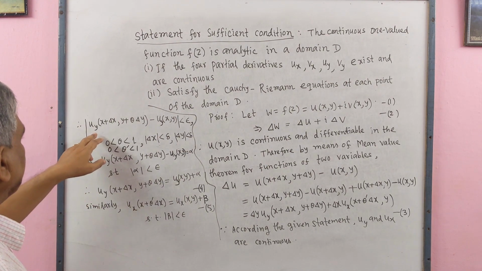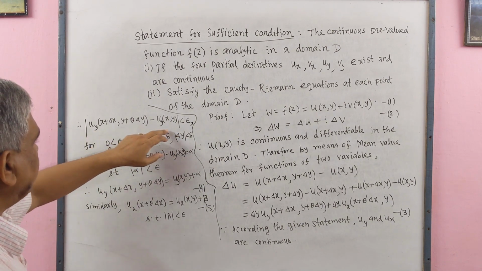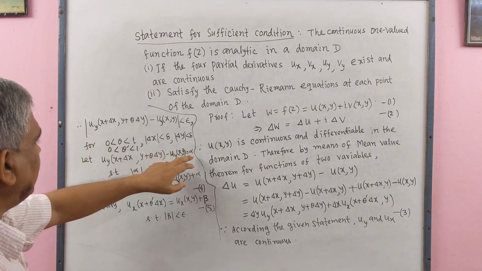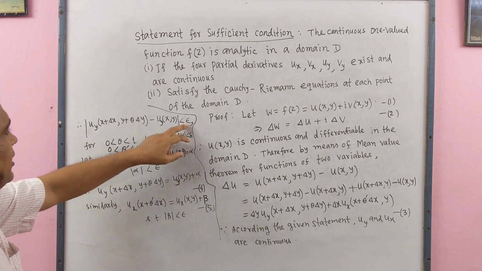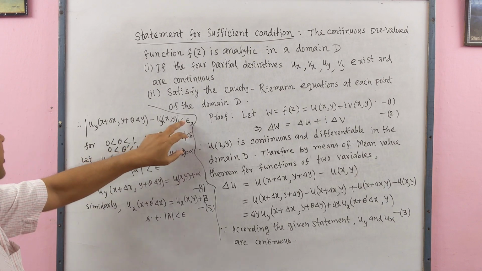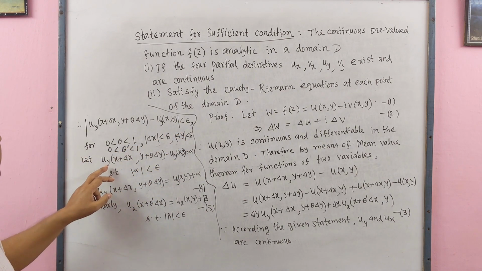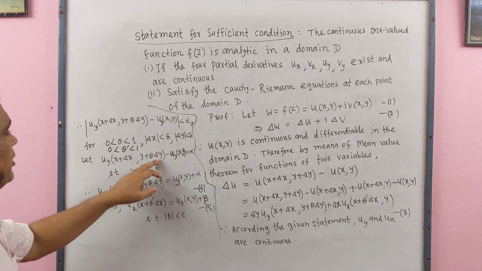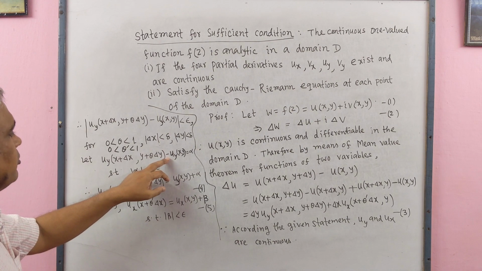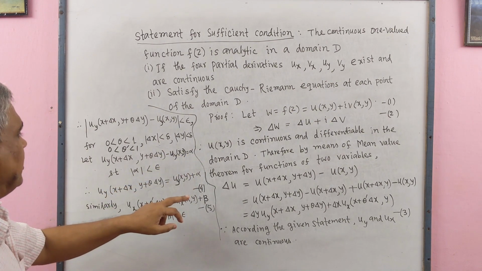Now we take this quantity under modulus as alpha, where modulus of alpha is less than epsilon. Therefore, we may write uy(x plus delta x, y plus theta delta y) equal to uy(x, y) plus alpha.